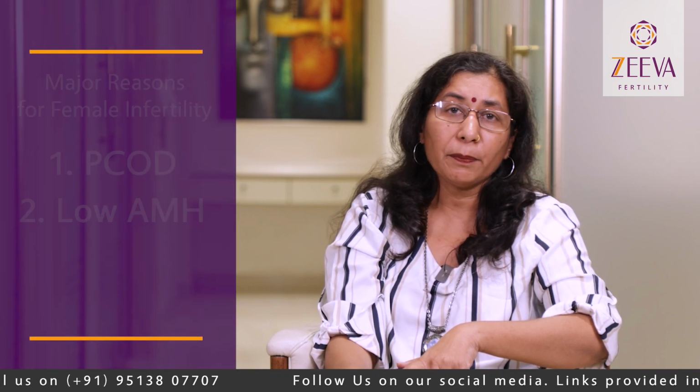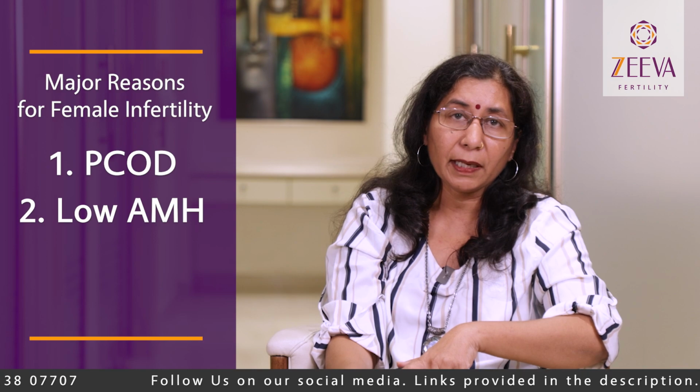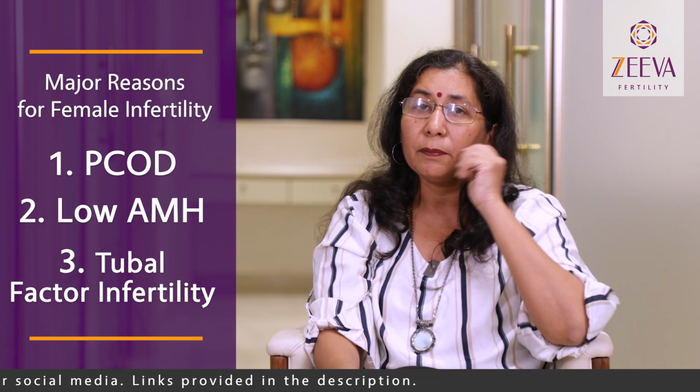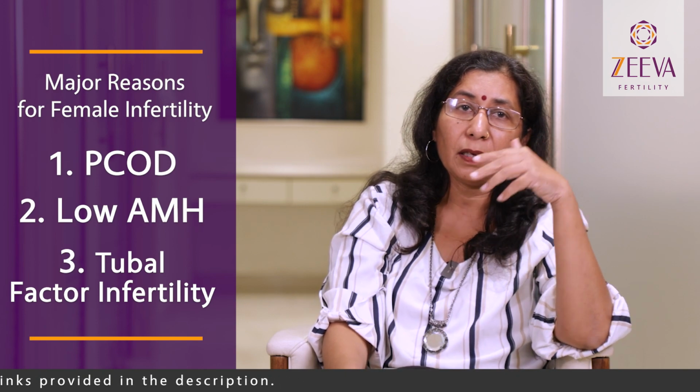Then the third major important reason in females is tubal factor infertility. In India, there are certain diseases which are very common and might affect the tubal factor. When we think of tubal fertility, there are fallopian tubes by the sides of the uterus, which need to be patent for a female to become pregnant.